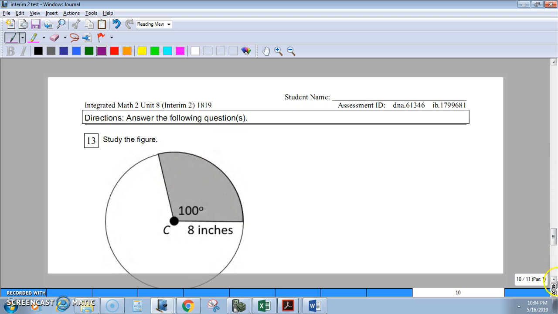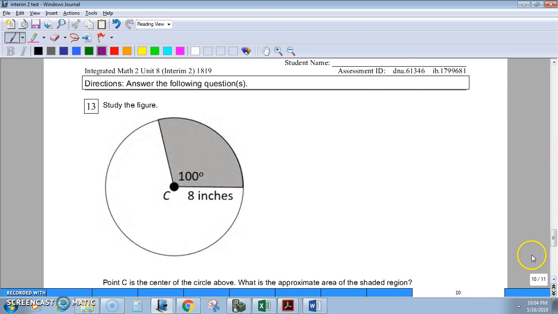All right, so the area of this circle is, well, we can find the percent of what this is. 100 degrees out of 360 degrees for a whole circle, right? So what is that percent? Well, let's see, cross out this.